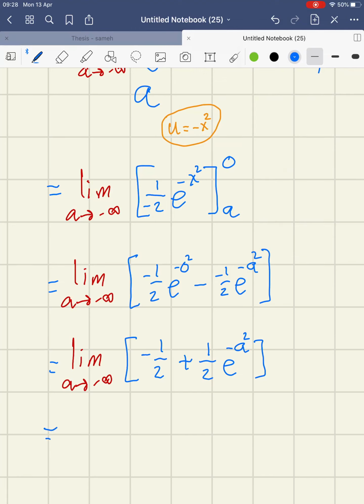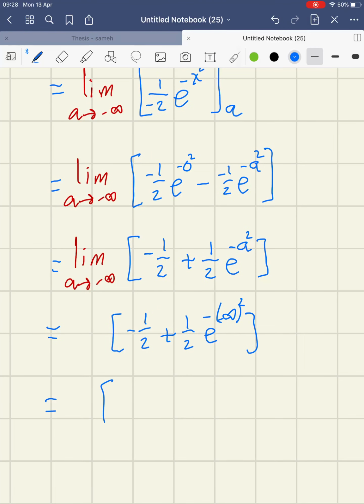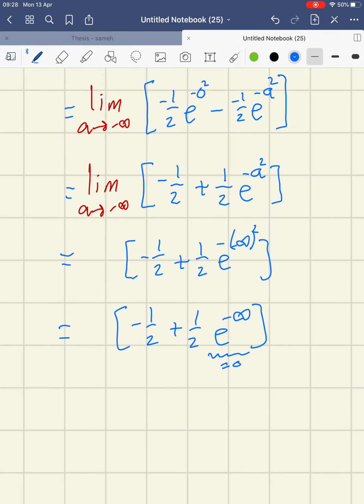We get the following: negative half plus half e to the negative infinity squared, which is negative half plus half e to the negative infinity, and we know it is 0 because it is 1 over e to the infinity. So the final answer will be just negative half. That's what we get from the first one. It converges and the answer is negative half.